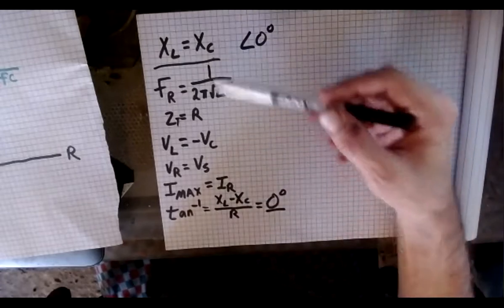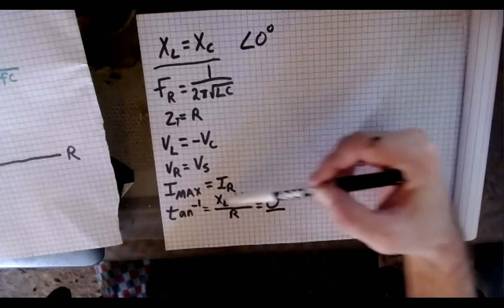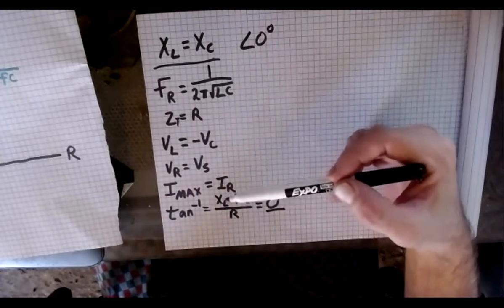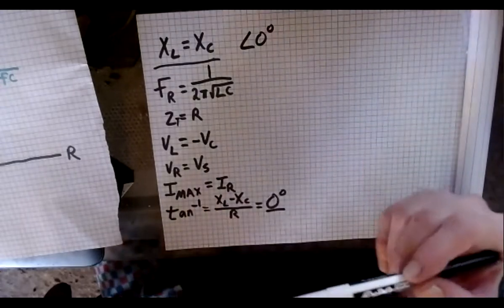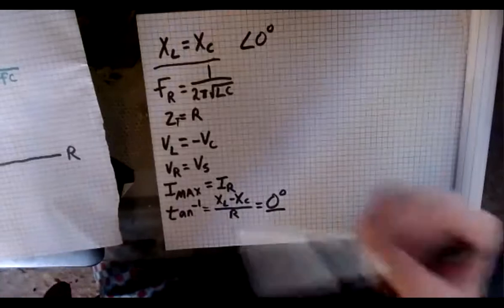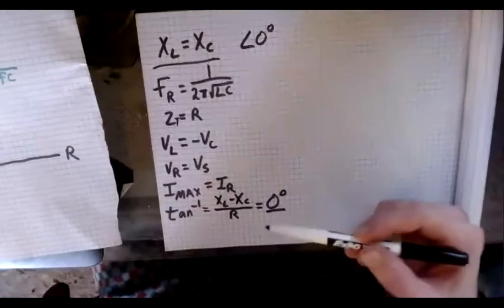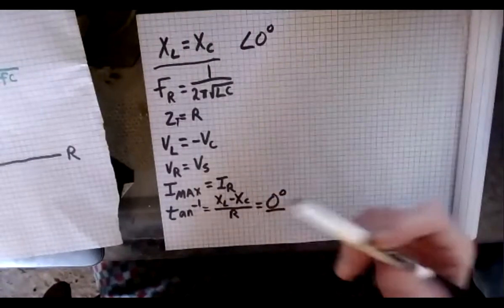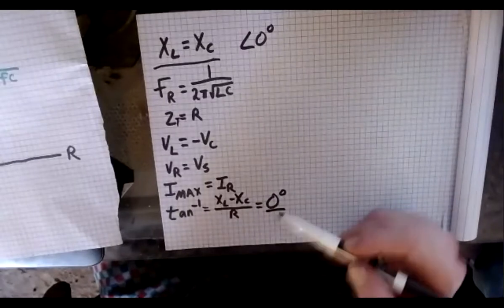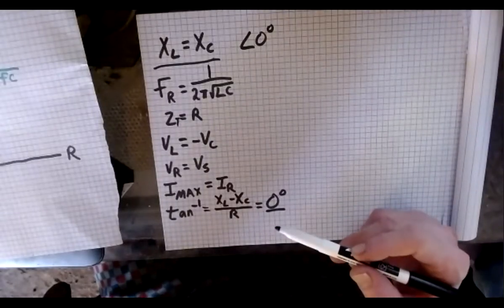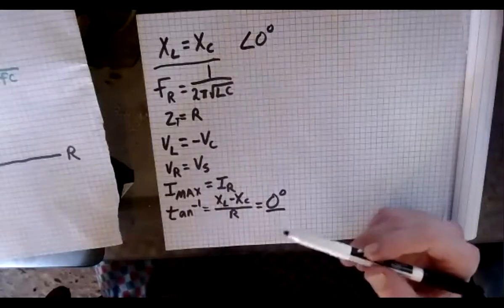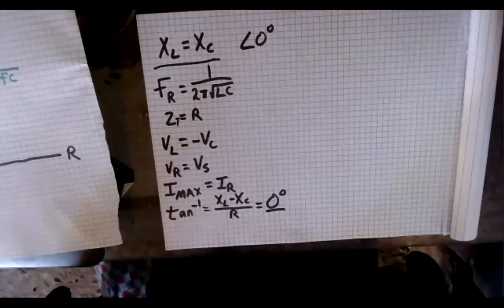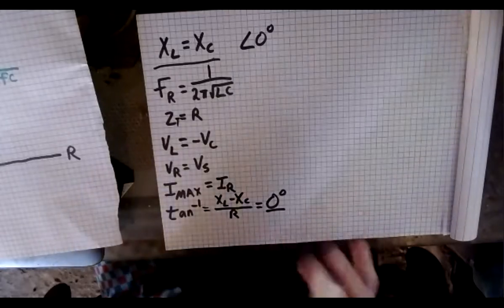Remember, these two are equal. So if they're equal, and yes, Ethan, you were on the right track yesterday, remember we said it's zero. Zero over R gives us zero, and the arctangent of zero is zero. So now we have this part.